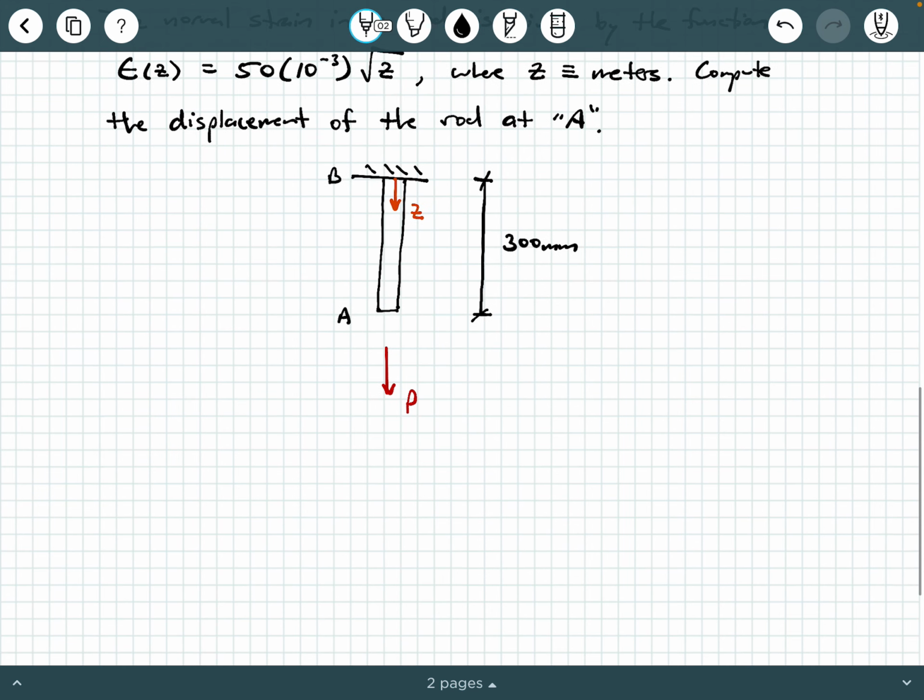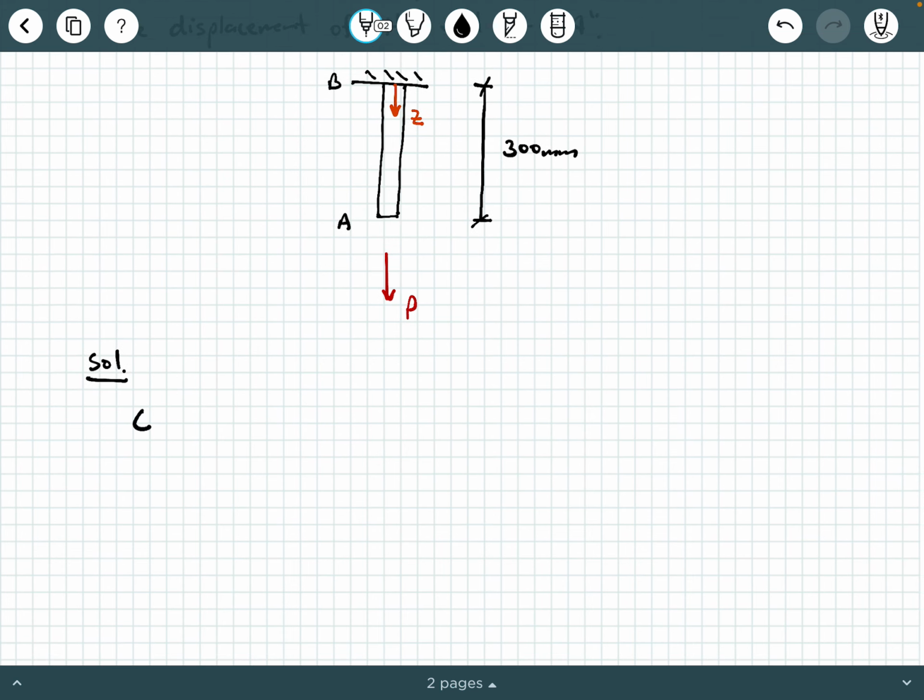So let's go ahead and start solving this problem. Now, we know that the basic definition of strain is a deformation over an original length. We can also rewrite this as L prime minus L naught over L naught, where L prime is the total final, deformed length of the member.